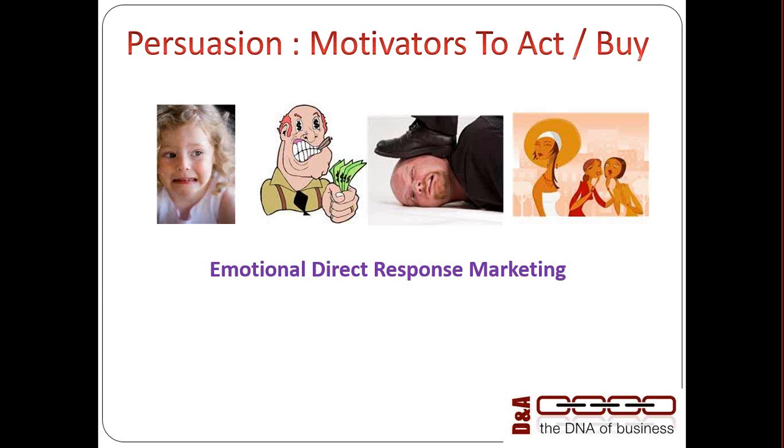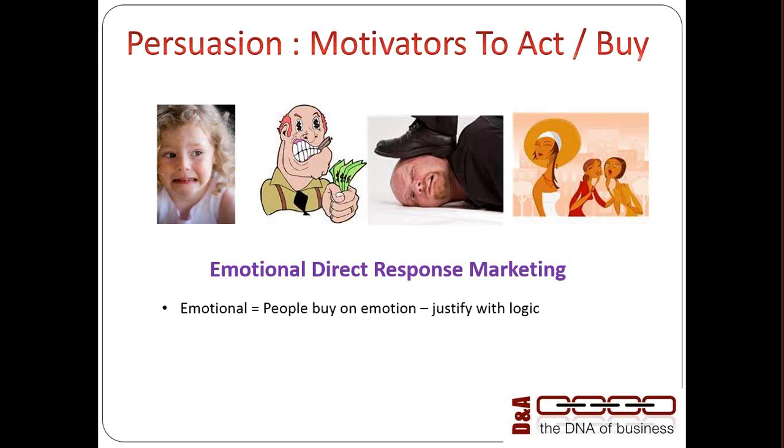And that's where the response comes in. You've got to get people interacting with your marketing so that you're getting some reaction, and you can measure the effect. That's what direct response marketing is all about: being able to measure the response, get some action going, and get some sales.